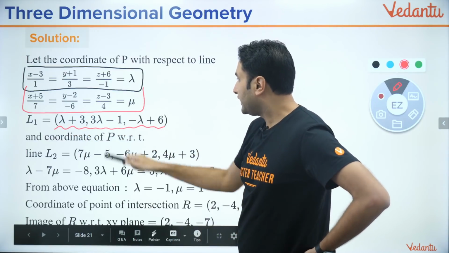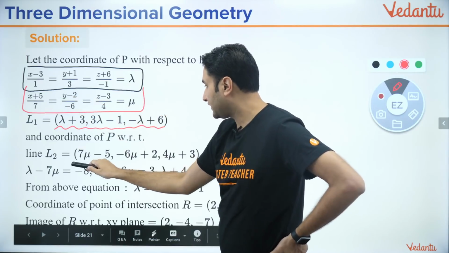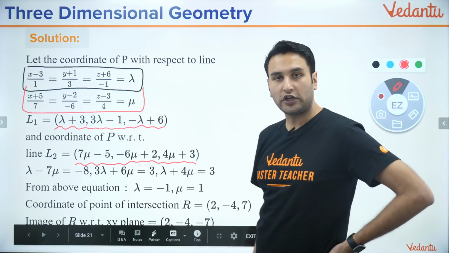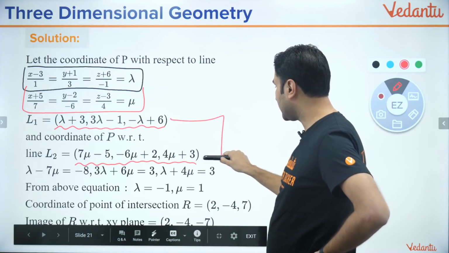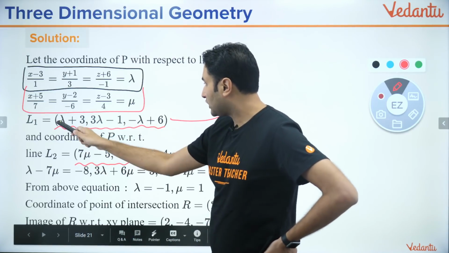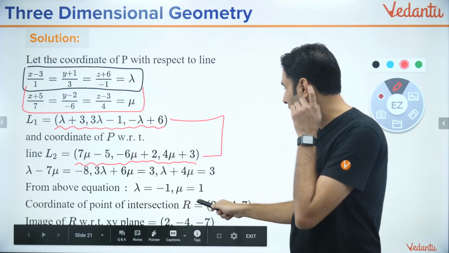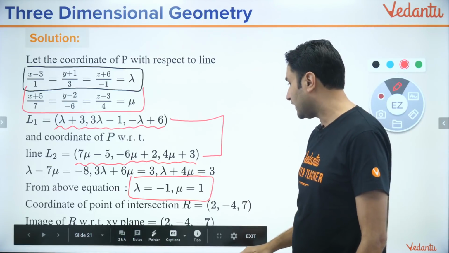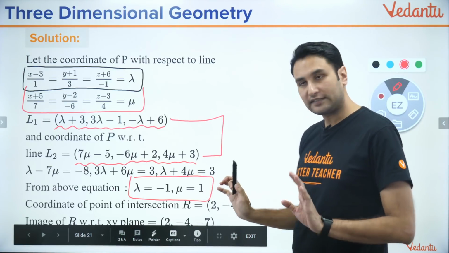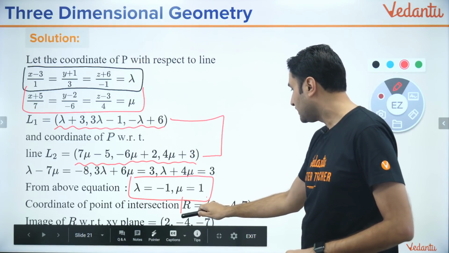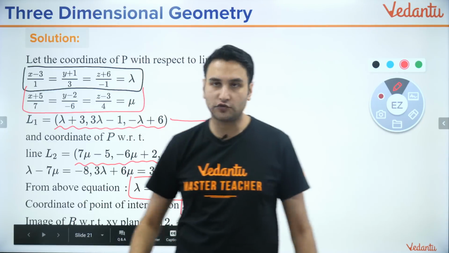And any point on this second line can also be written like this. But for the point of intersection, both the points are same. So equate the x and the y components. So what will happen? Solve it. You will get the value of lambda as -1 and mu as 1. Okay? Has it been understood till here? So you will get the point. This implies the point R will come out to be 2, -4 and 7.